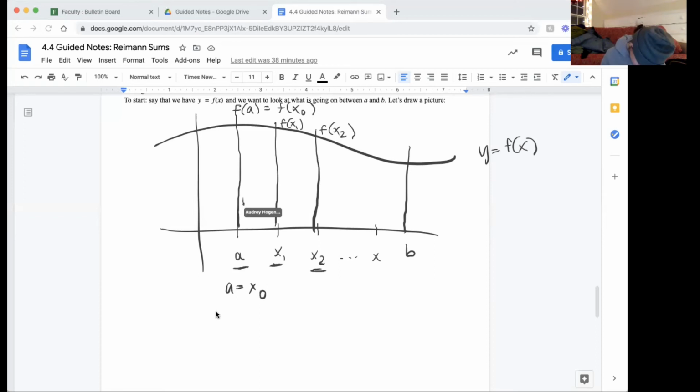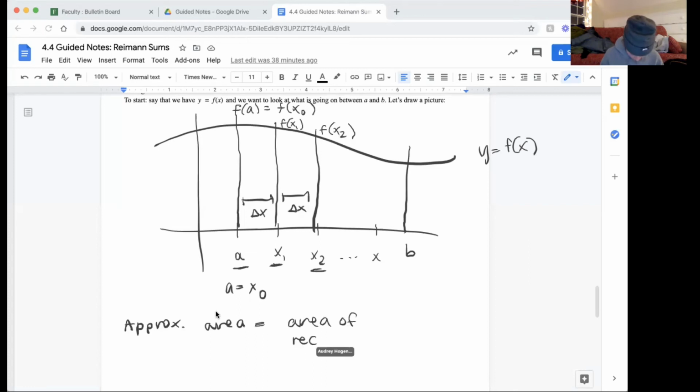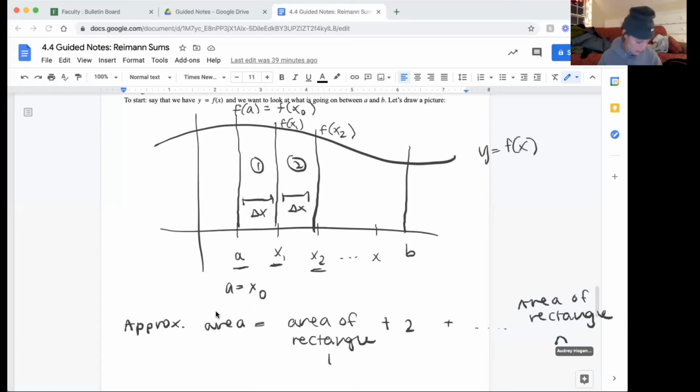Then we know that our width is going to be called delta x. These are the widths of our rectangles. And so the approximate area is equal to the area of rectangle 1 plus the area of rectangle 2 plus dot dot dot, all the way to the area of rectangle n.